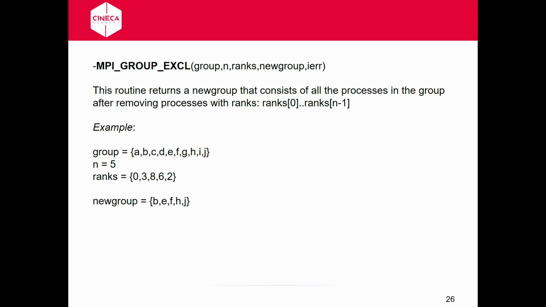The syntax is exactly the same, and using this command you can exclude from this group the element 0, that is A, 3, that is D, 8, that is I, 6, G, and finally 2, that is C, obtaining the remaining part of the elements that are this one, clearly ordered as this group.